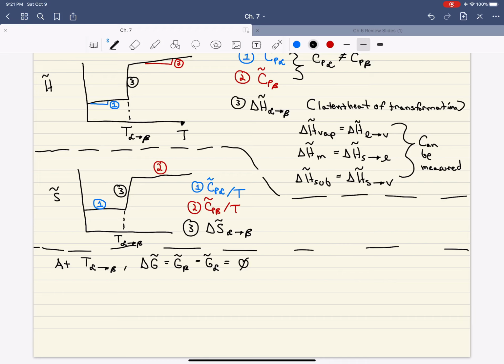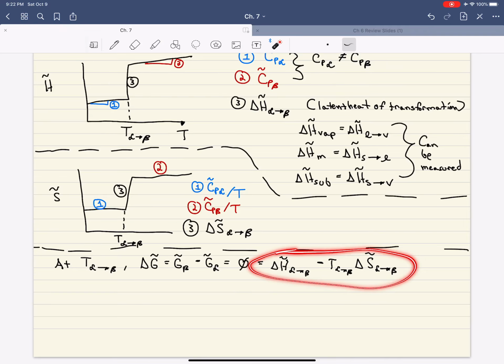We also know that delta G is described by delta H minus T alpha to beta delta S alpha to beta. Those are the things that make up delta G.